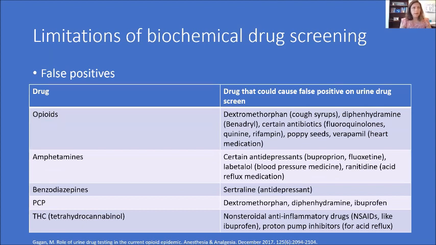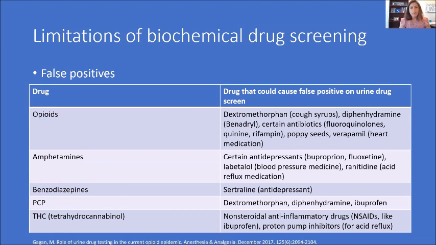For example, opioids can test positive from cough syrup, which is dextromethorphan, Benadryl, certain antibiotics, poppy seeds, not as commonly now because some of the thresholds of detection have changed, and verapamil, which is a heart medication. These are all pretty commonly prescribed medications that can actually come up with a positive test for opioids.